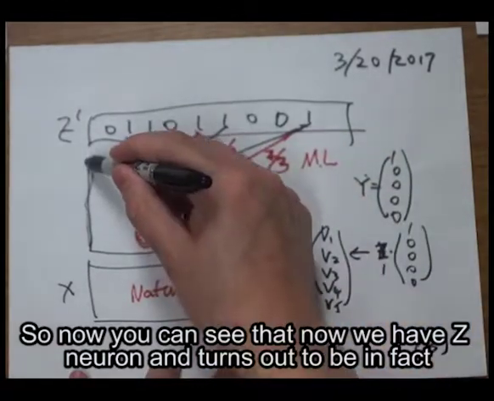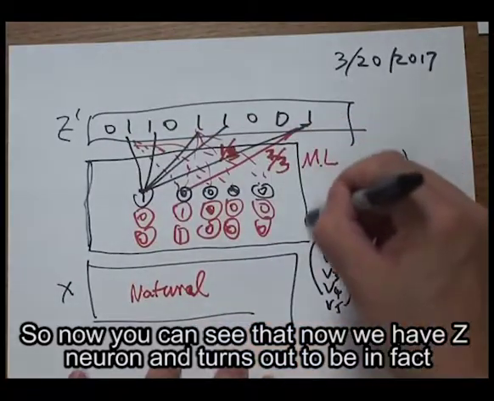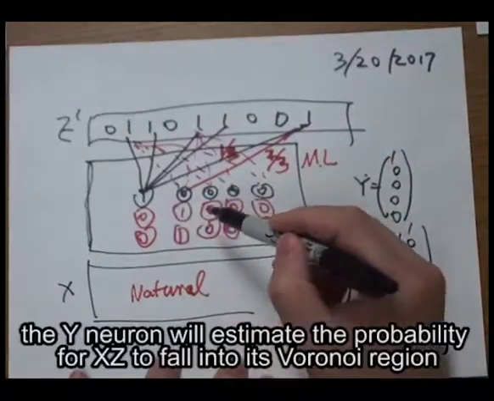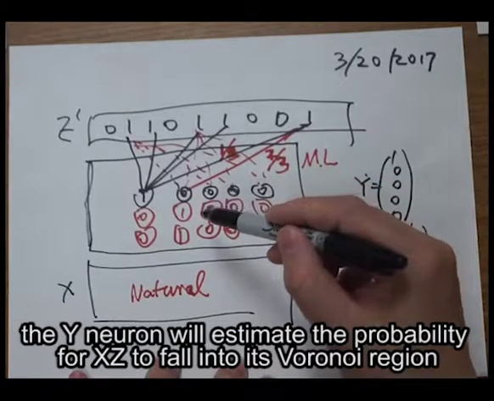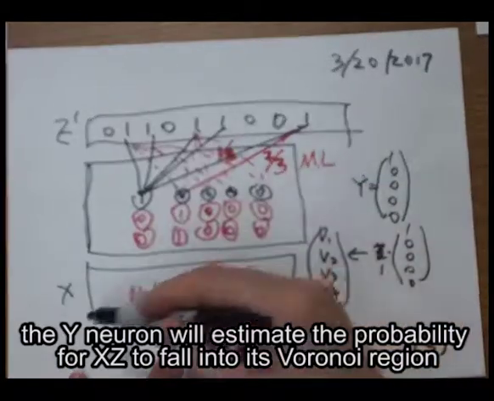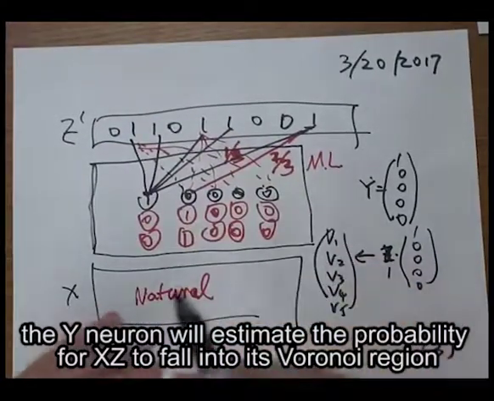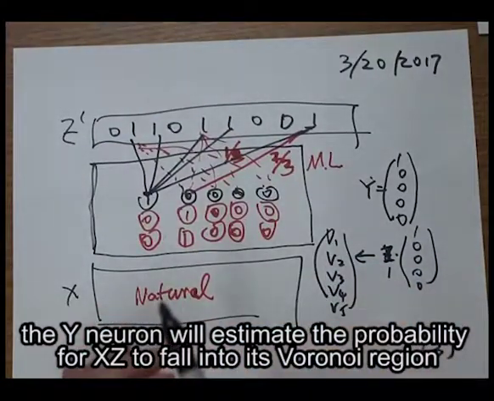And it turned out that, in fact, the Y neuron will estimate the probability for X and Z to fall into its Voronoi region.